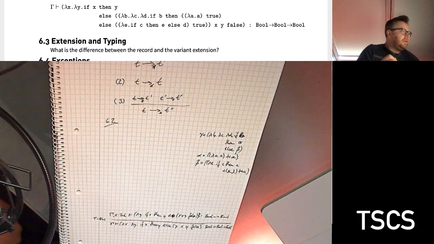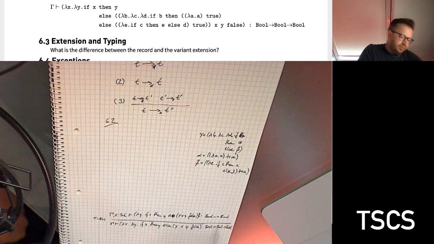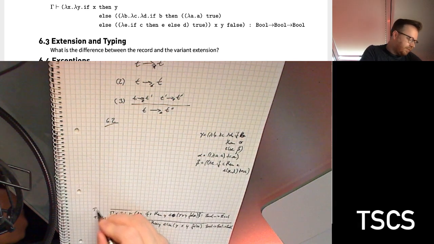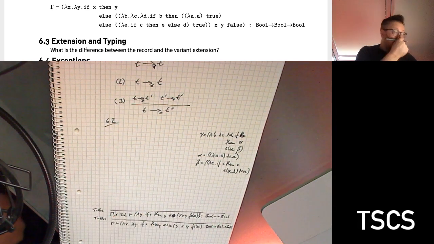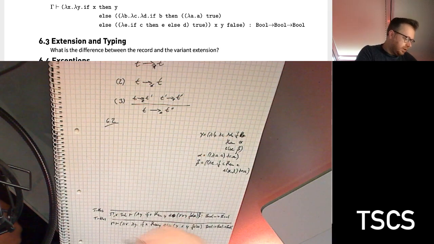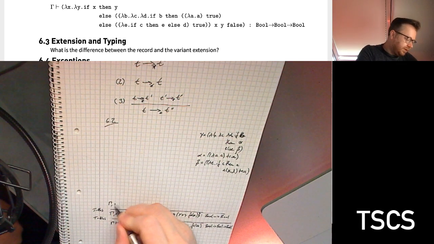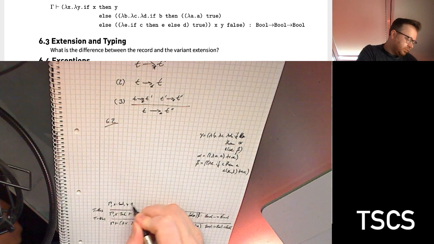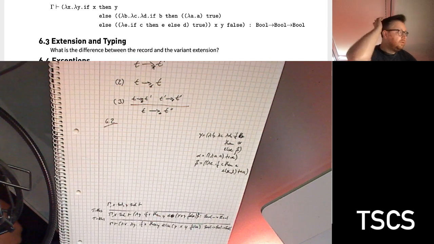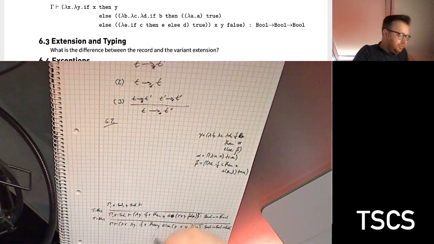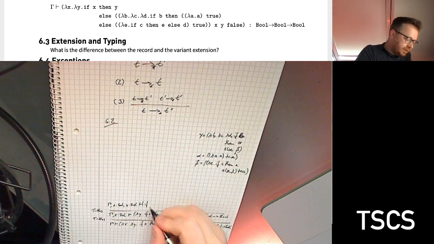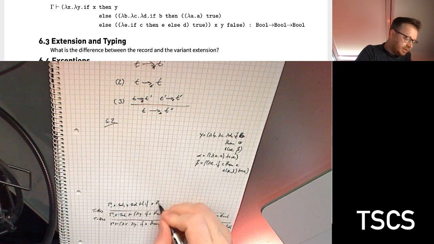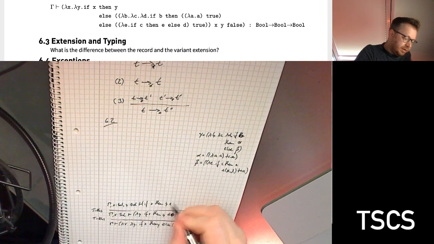Good. And then, of course, the outermost term here is again an abstraction, so we apply the T-abs rule again. And then our typing environment grows a bit bigger. Bool, bool. And then we take the inner term, which is if x, then y, else gamma x, y, false.